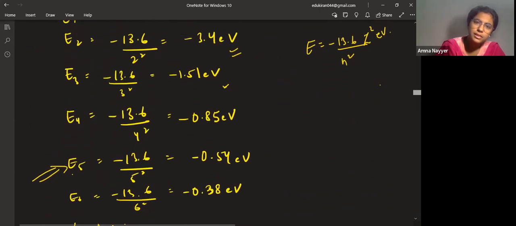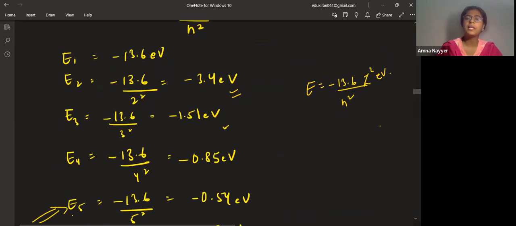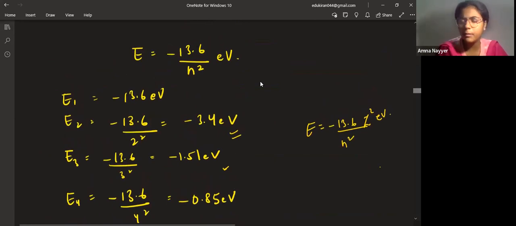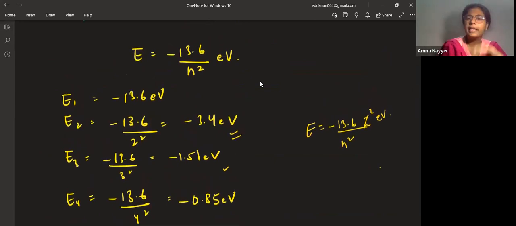And apart from this, the value of energy, at least till the fifth one, you should remember. The formula for energy is minus 13.6 divided by n square electron volt. You can convert electron volt into joules also, because you already know the value of e, the electronic charge.